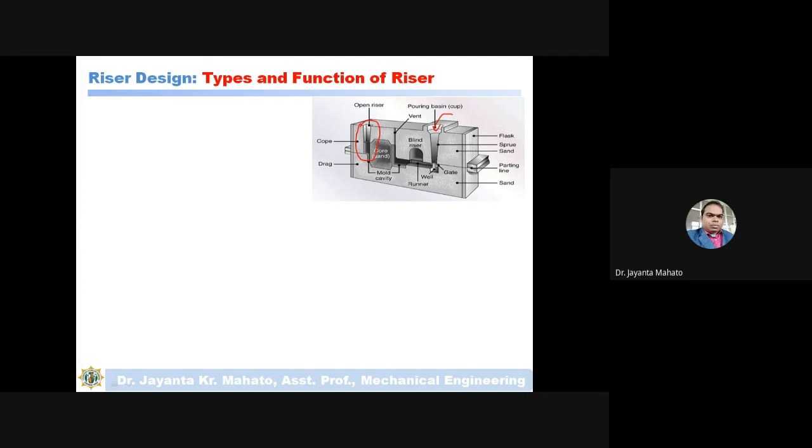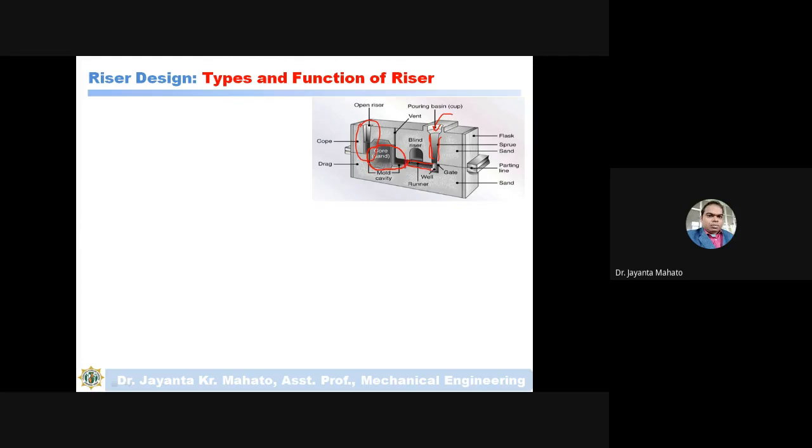This funnel is called the sprue, and this is the runner. In the runner, molten metal will flow to the mold cavity.